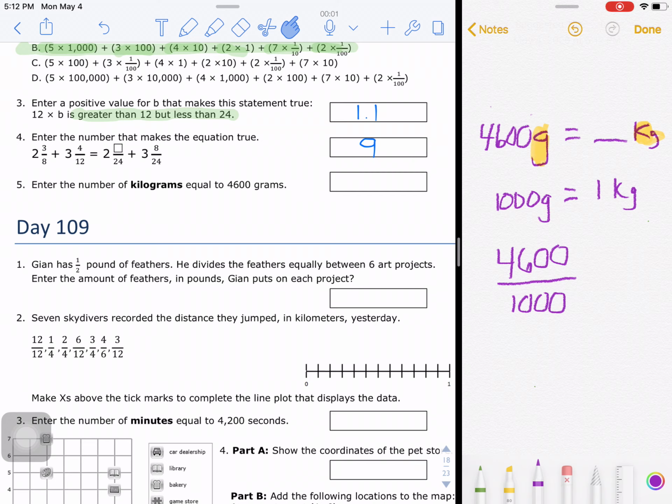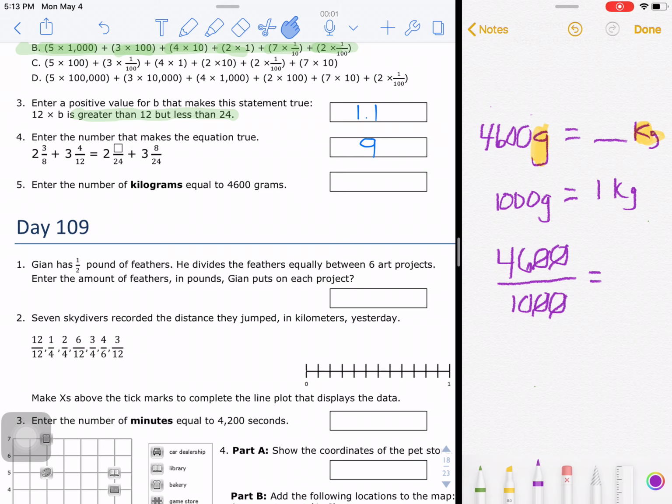Remember, when we have fractional values, it's the same as division. And I'm going to look for common factors. Well, I know that 10 goes into both of those, and there's still another 10, right? And I know when I divide anything by 10 here, all the digits shift to the right.